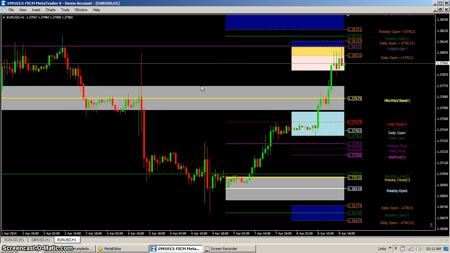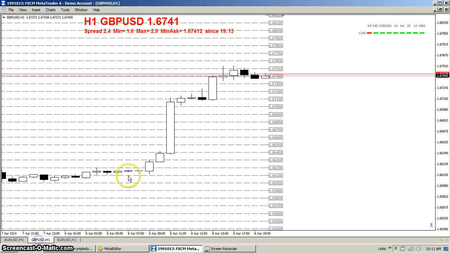So once again, trading is simple when you trade with horizontal lines. You take the trade in the direction of the cross. If you're a beginner, you make sure W1, D1, and H1 all agree.